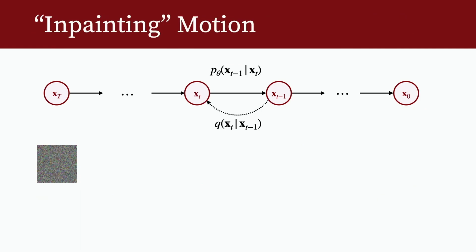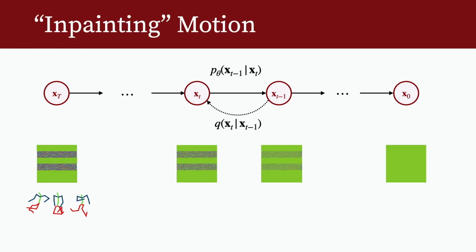We can also use inpainting here. For example, if I provide the upper body motion, and the lower body motion is just random noise, I can ask the diffusion model to fill in the lower body motion. That's what we did for that dancing motion I showed earlier.